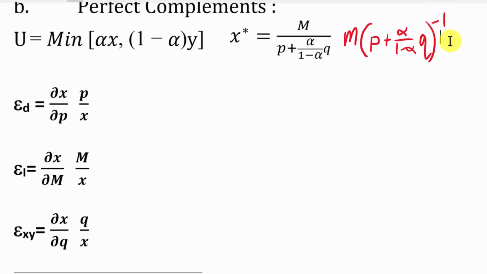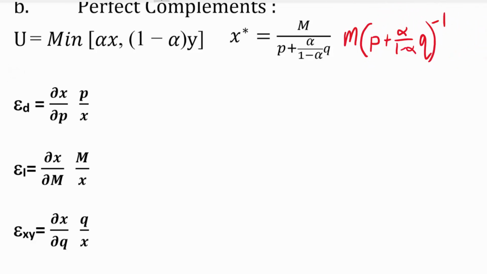And the chain rule, the way I think about it, says to take the derivative of the inside times the derivative of the outside. So the derivative of the inside with respect to p is simply 1. And then we multiply that times the derivative of the outside.